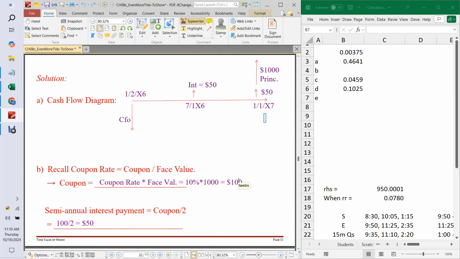So now we're able to complete that cash flow diagram. It's got everything we need. It's got the time, it's got the cash flows, and we also know here that CF0, I think what the marketplace price is, $950, yep. So let's put that in. So now we know everything we need to know.